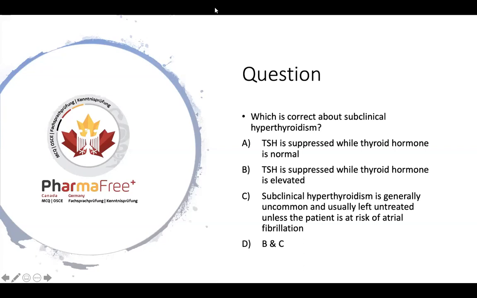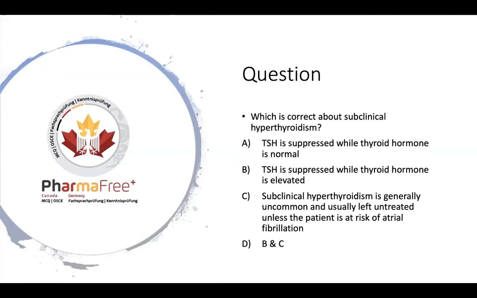No, it's not like this. You inverted it, my friend. The TSH is elevated while the thyroid hormone is normal. This is subclinical hypothyroidism.